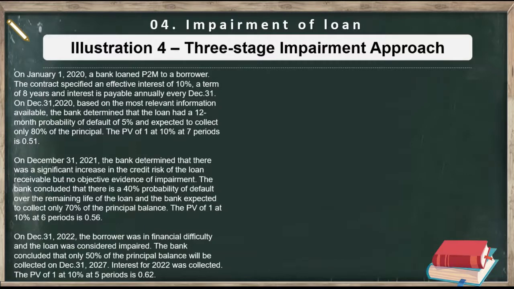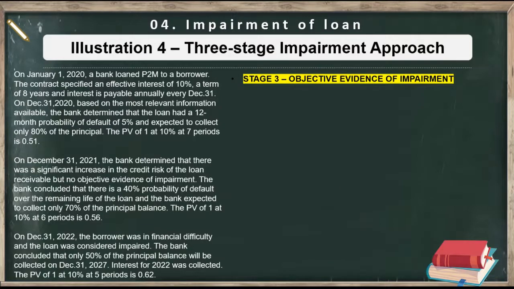Interest for 2022 was collected. So the present value of 1 at 10% at 5 periods is 0.62. Okay? So what would be the necessary computations here for 2022? So here we are now on stage 3.